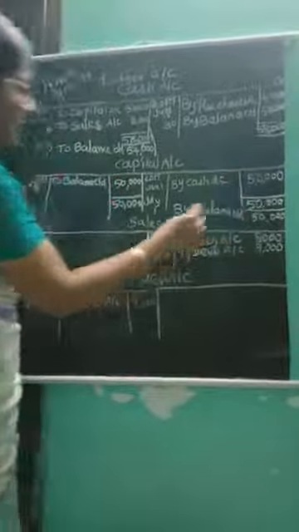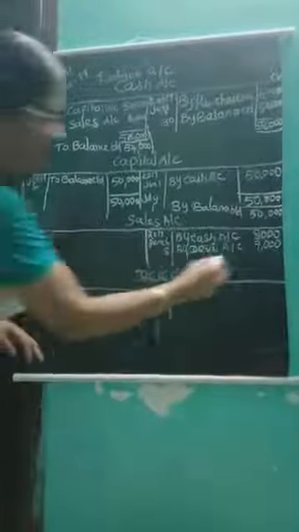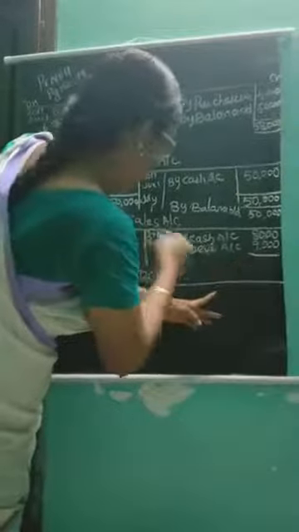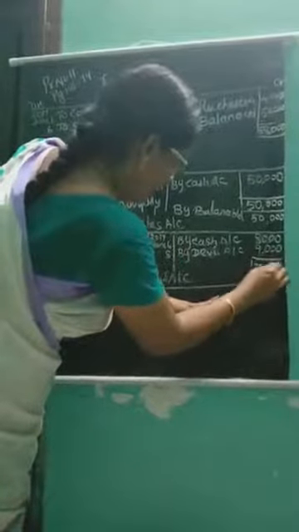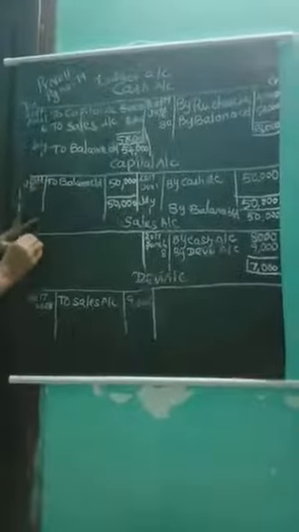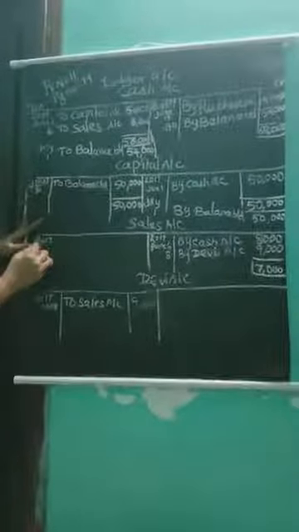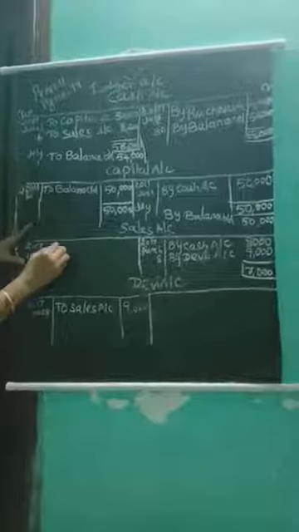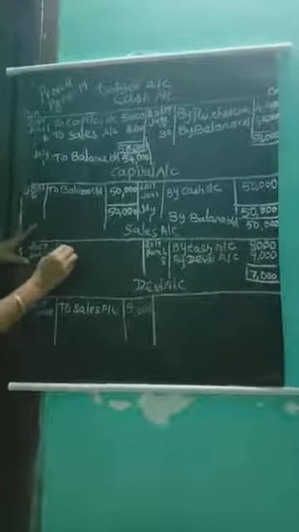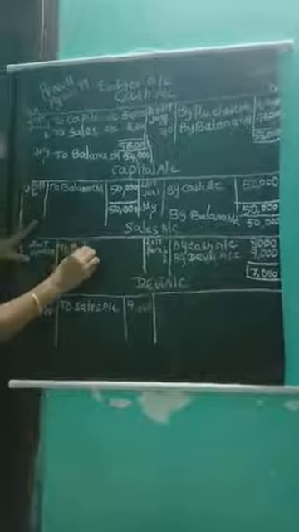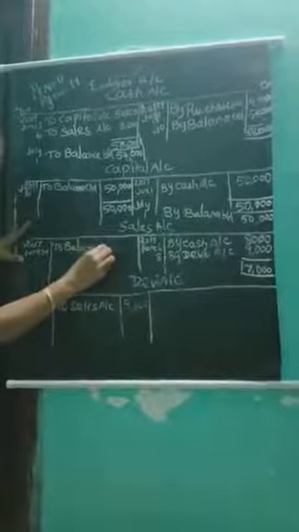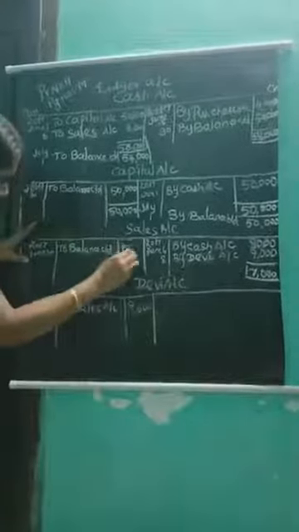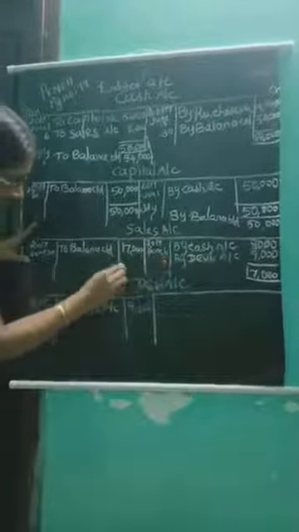Have you all clear, girls? Now let me balance the sales account. 17,000. So 2017 June 30 to balance carried down 17,000.